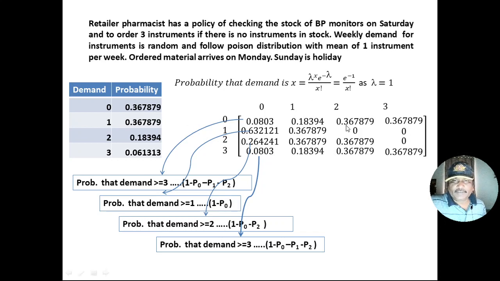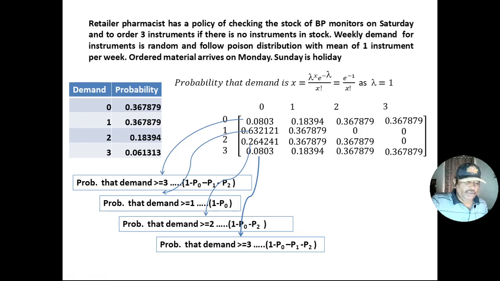The probability of selling exactly 1 means there must be demand for 1, which is 0.367879. And for having exactly 3 cameras on next Saturday, there should be demand for 0, and the probability for 0 demand is 0.367879.